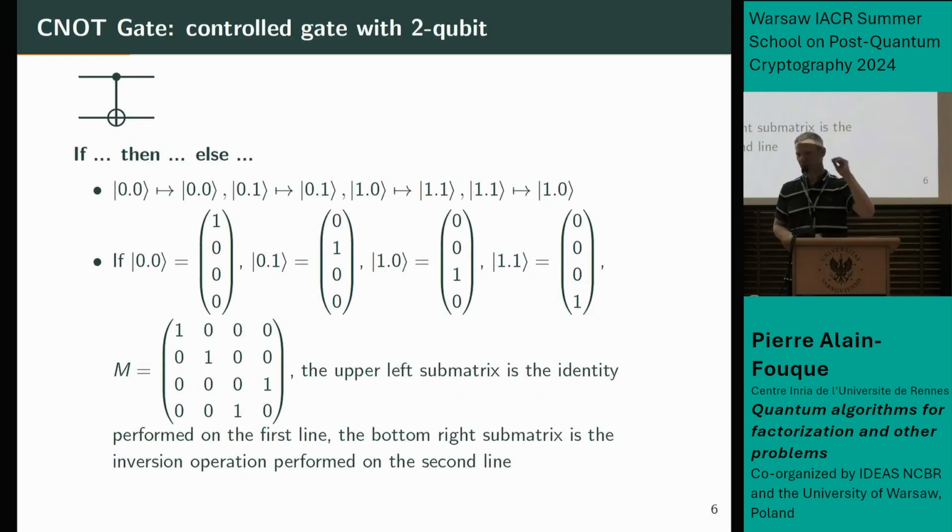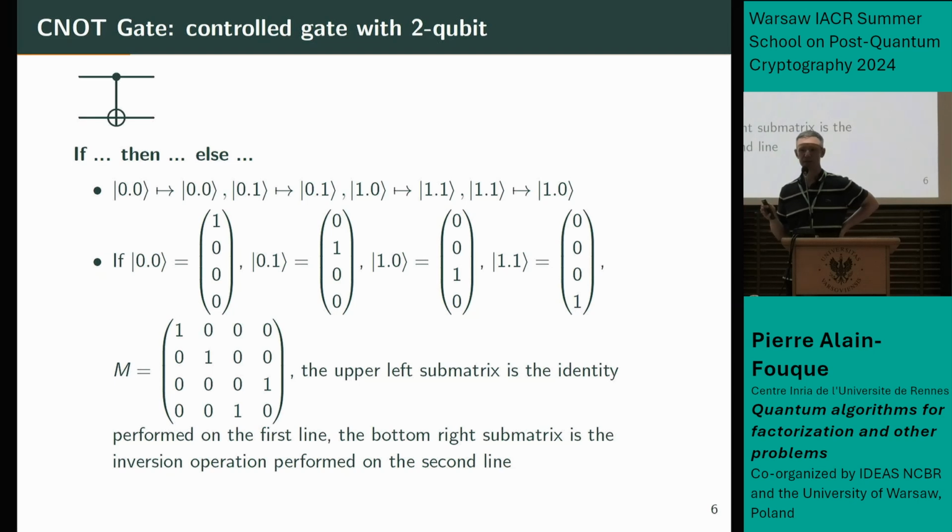So, as Julio mentioned, the CNOT gate is one of the most important 2-qubit gates, and it's called a control gate. Let me explain how it works. It will map the state 00 to 00, 01 to 01, 10 to 11, and 11 to 10.